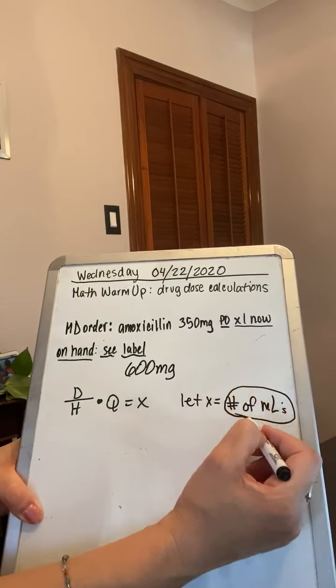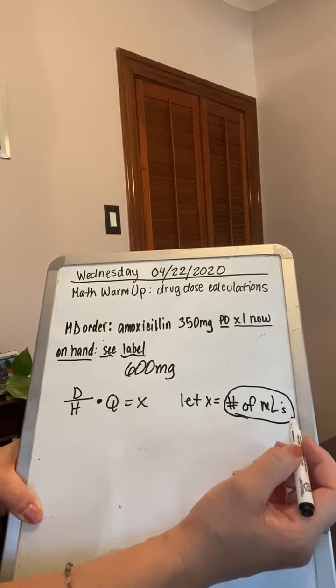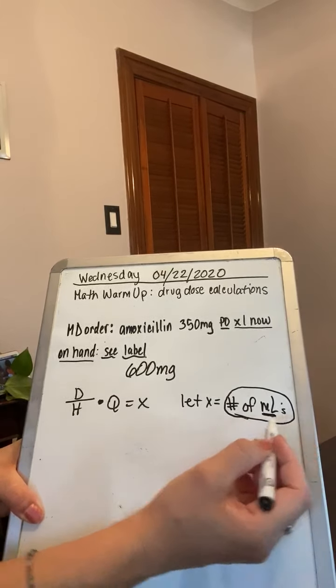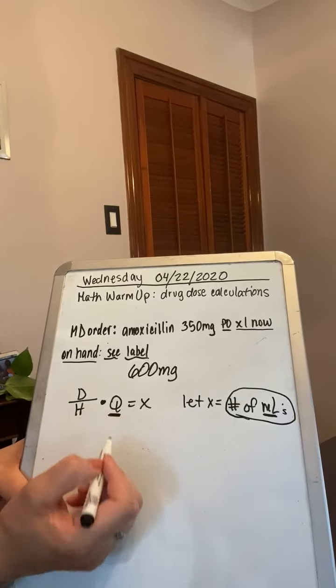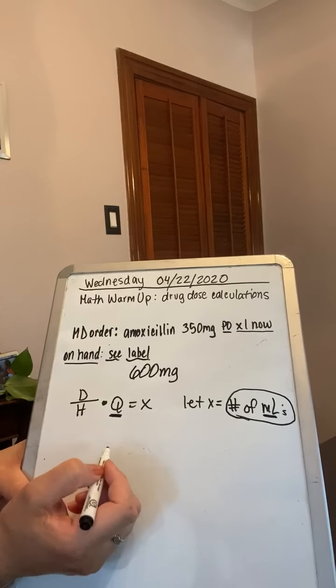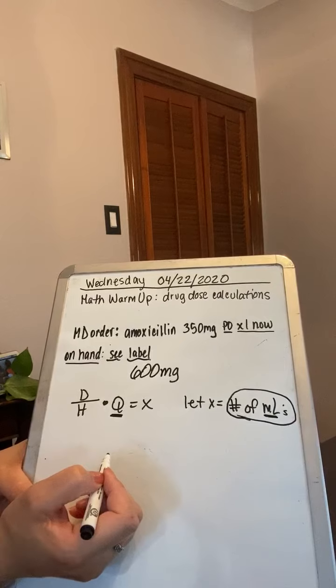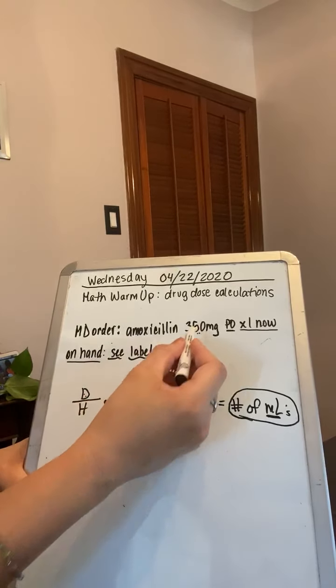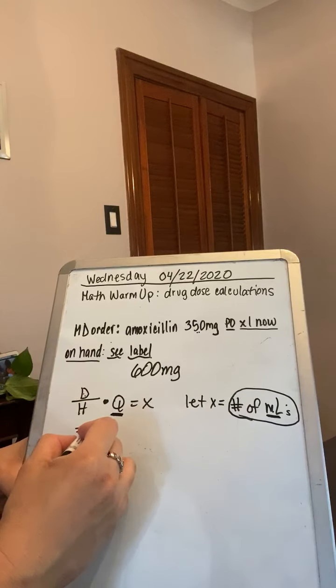If X is the number of milliliters, then there's no need to write any other unit of measurement but milliliters. This tells me that it's liquid. Okay, that's step 1. Step 2, I'm going to set it up. My dosage is here. I'm going to take my 350.